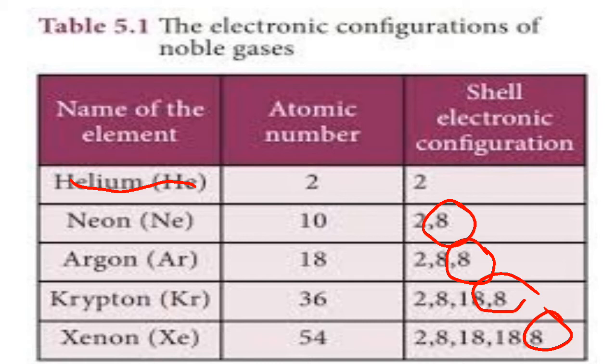The reason is their 8 electrons in their outermost shell, making them stable. So if the question is why noble gases do not react, the reason is because of having 8 electrons, or by following the octet rule, they are showing stability.